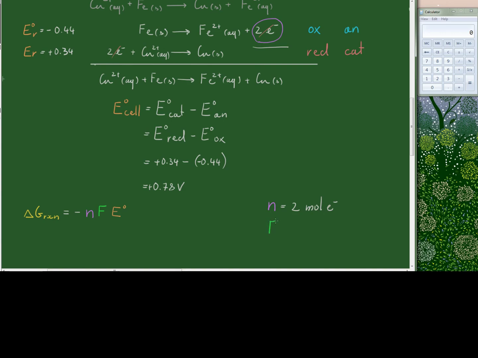The Faraday constant is a constant, and its value is 96,485 joules per volt mole electron.